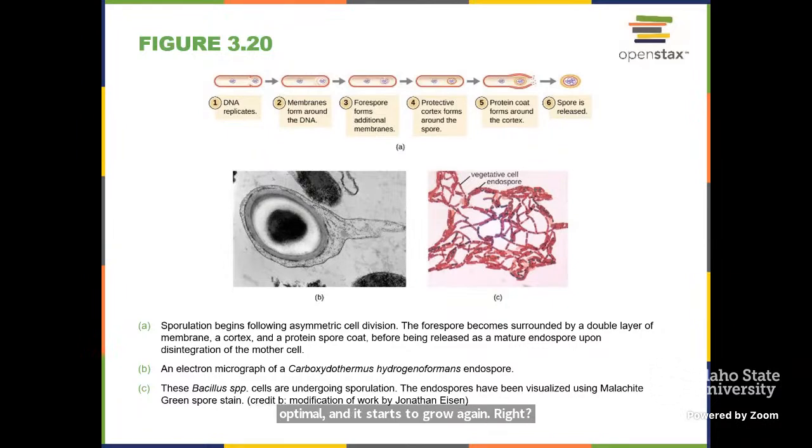Just depends, right? I told you some Bacillus and Clostridium. This is Carboxydothermus hydrogenoformans. I don't even know if I said that right. Doesn't matter. These guys we don't care about in here, all right?